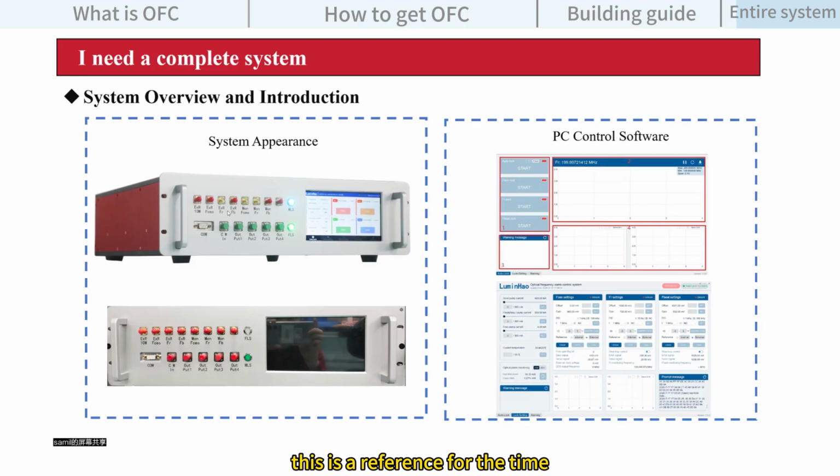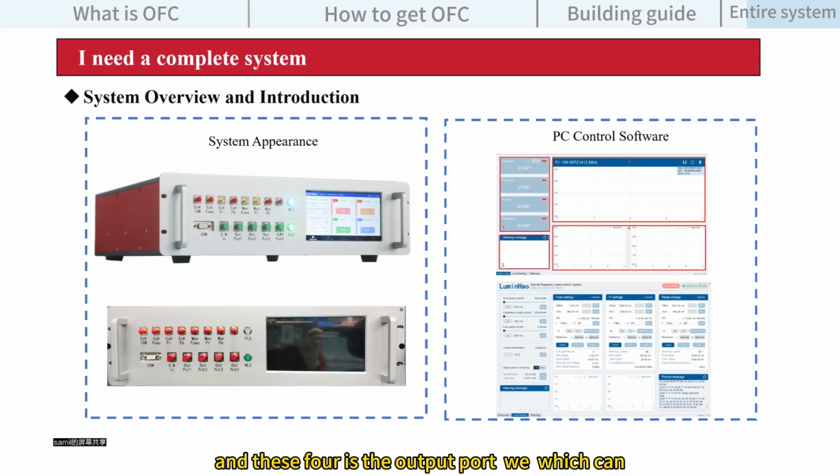This is a reference for the time base, 10 megahertz frequency, and the FCO, the FR, the beat frequency, to get the external reference. This three is a monitor of the FCO, the monitor of the repetition frequency, and the monitor of the beat frequency.